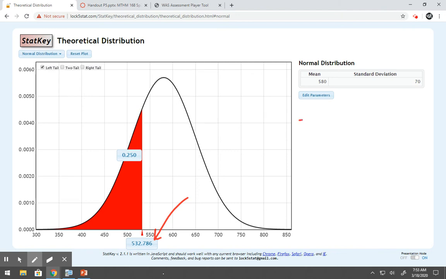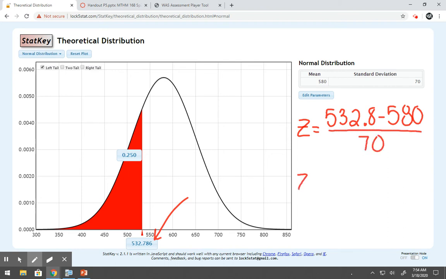To find the z-score for the standard normal, I take the score that I know, 532.8, subtract the mu, which is 580, the center, and divide by the standard deviation, which is 70. Let me punch the numbers into my calculator real fast. I get about negative 0.675.